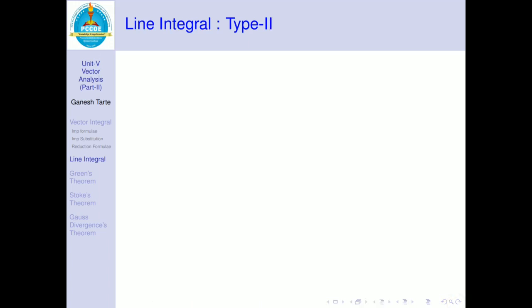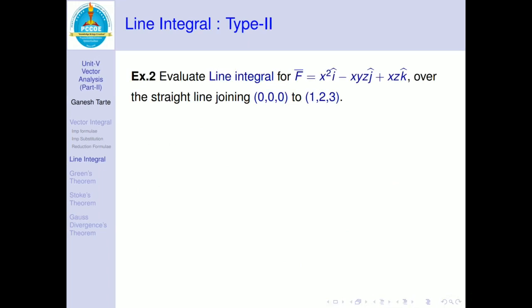Then type 2: evaluate the line integral for F bar equals x square i minus xyz j plus xz k over the straight line joining (0,0,0) to (1,2,3). So here the nature of the curve is known, it is a straight line, but the equation of that straight line is unknown, and 2 points on that straight line are given, which means it is type 2.